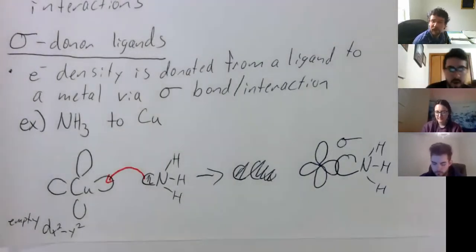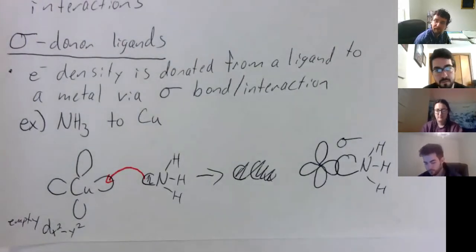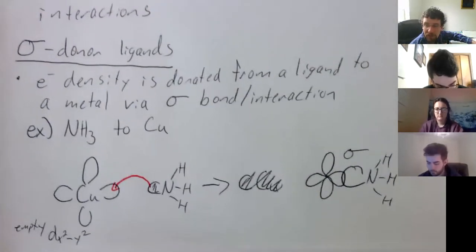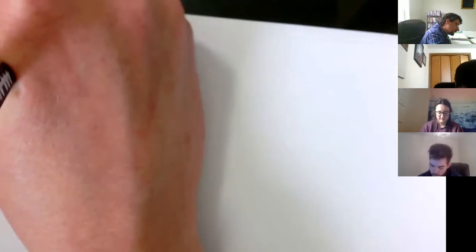Okay, so we can have sigma donor ligands. What other type of ligands do you think we can have? Pi donor, yep, we can have pi donor. We'll get to that one in a minute. Sigma acceptor. So we also have sigma acceptor ligands.